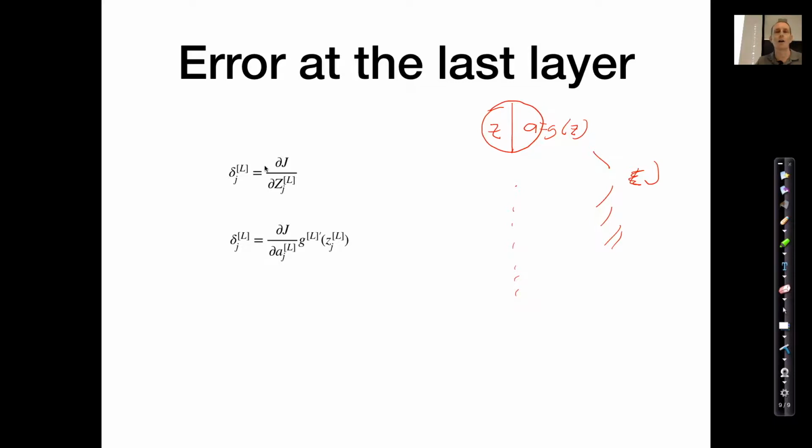It's the loss for the jth neuron, the derivative of J with respect to Z. And using the chain rule, that's J with respect to G times G prime of Z.